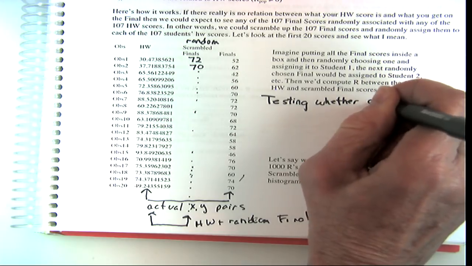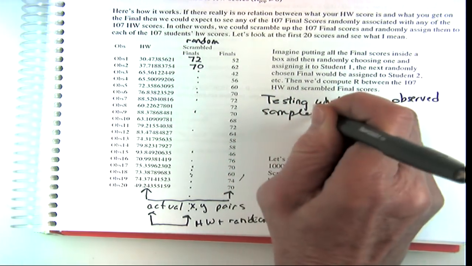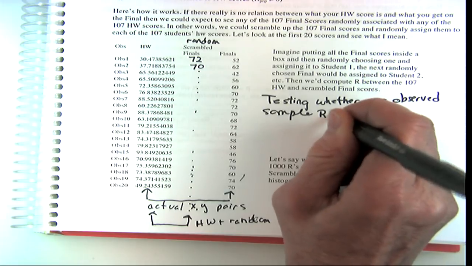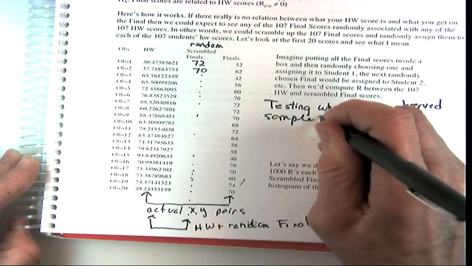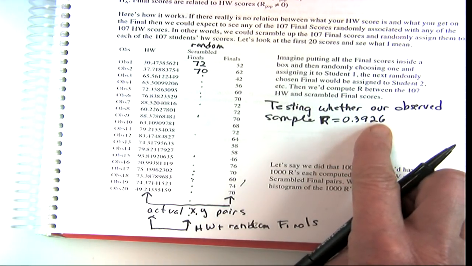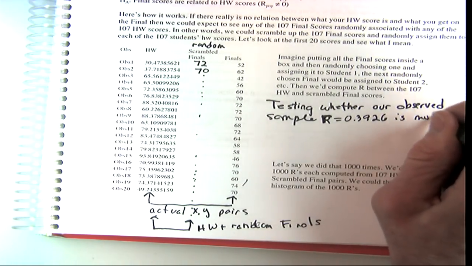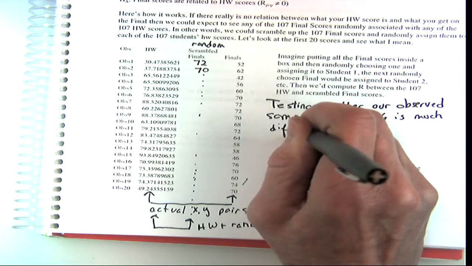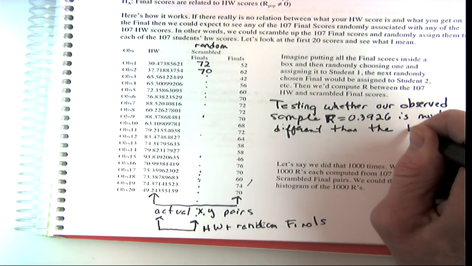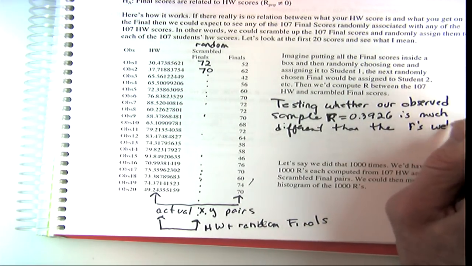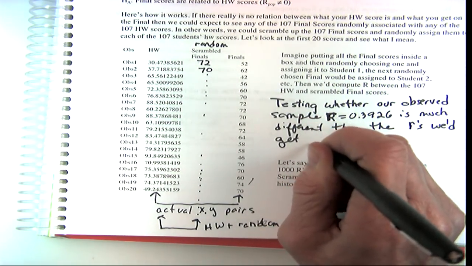We're testing whether our observed sample r that we got, equal to 0.3926, I should make a really little r here because it could go either way, is much different than the r's we'd get from random sampling.